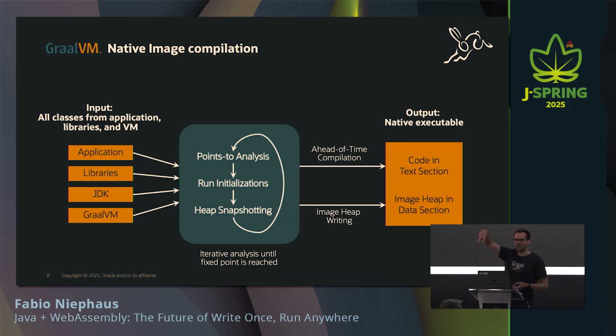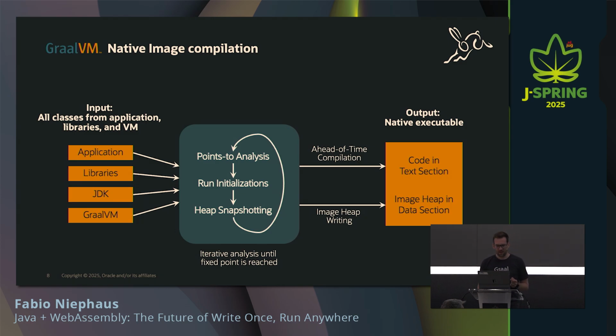It will trace through the entry points of your application, will run initializers as much as it can, so everything is already ready to go. Then it will create a heap snapshot, because a native image also consists of a Java heap, pre-initialized, and it does that until it has reached a fixed point. And then at the end, the heap is written out, and the Graal compiler compiles everything that has been found reachable to native, and that's your native executable.